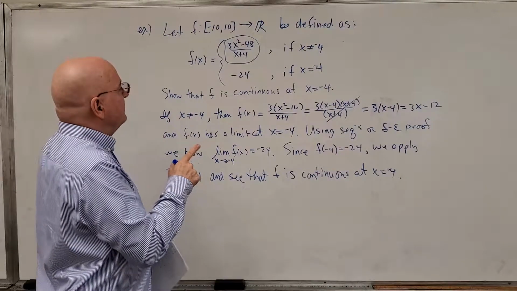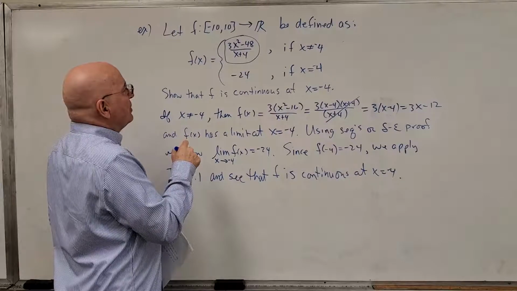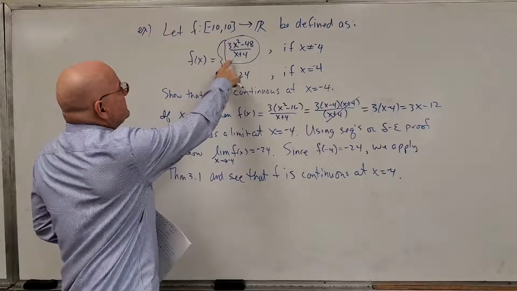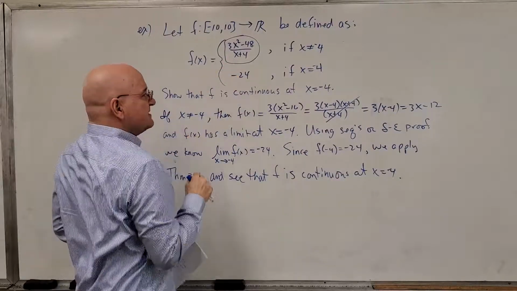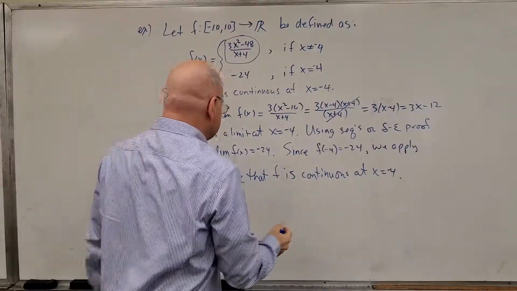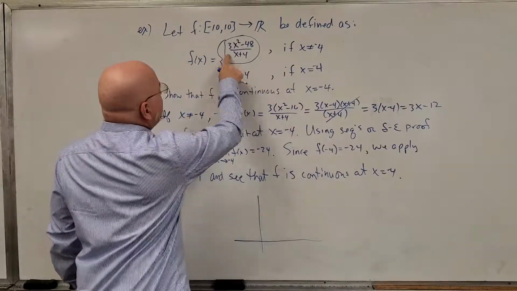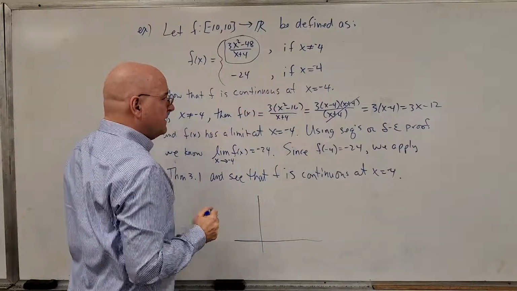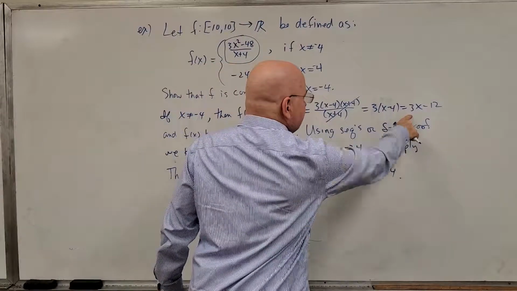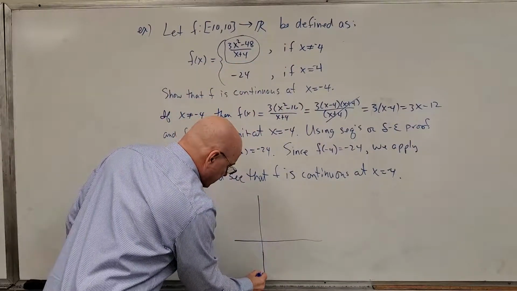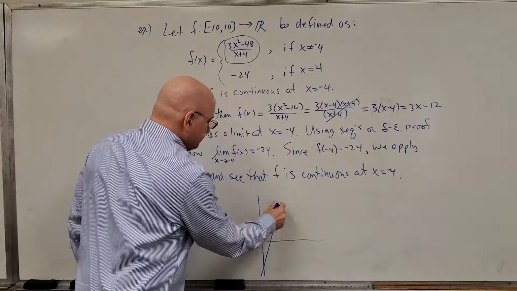And basically, since this looks like 3x minus 12, we're done with the problem, but if we were graphing this part of the function, it simplifies to 3x minus 12. So the line looks something like this.